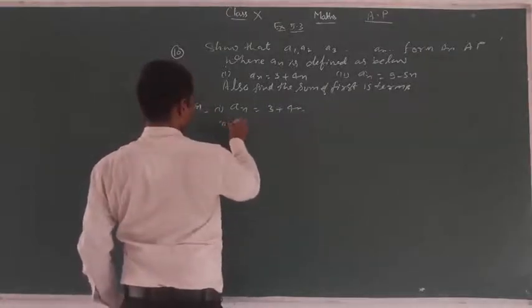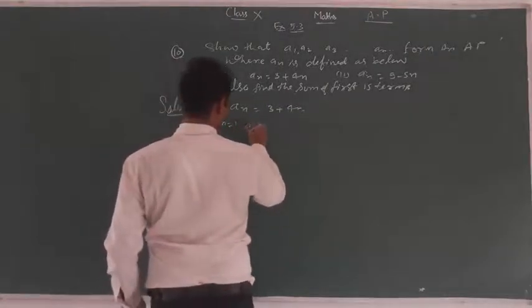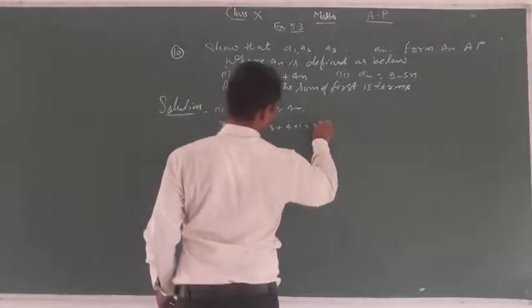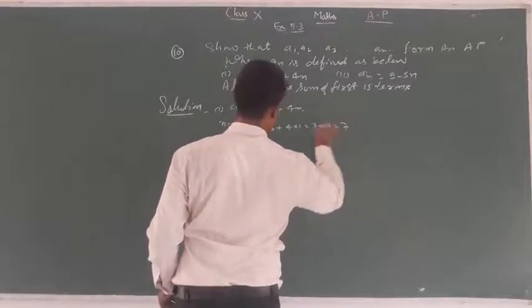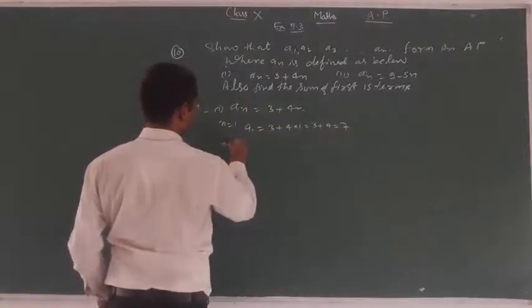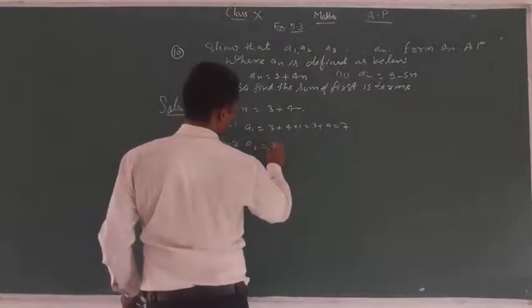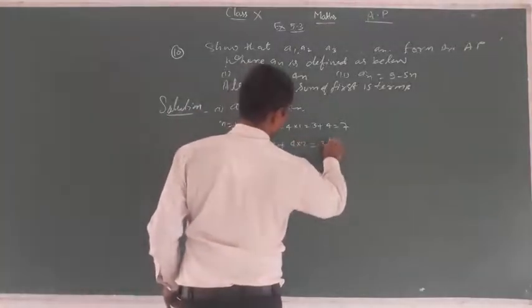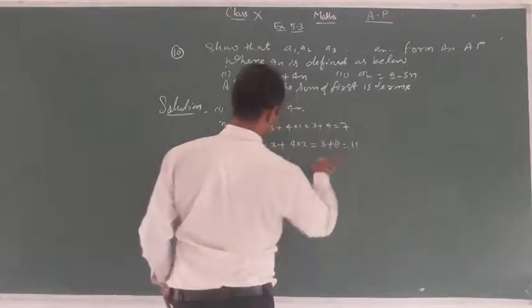So n is equal to 1: A1 is equal to 3 plus 4 into 1, which is 7. Now n is equal to 2: A2 is equal to 3 plus 4 into 2, which is 11.